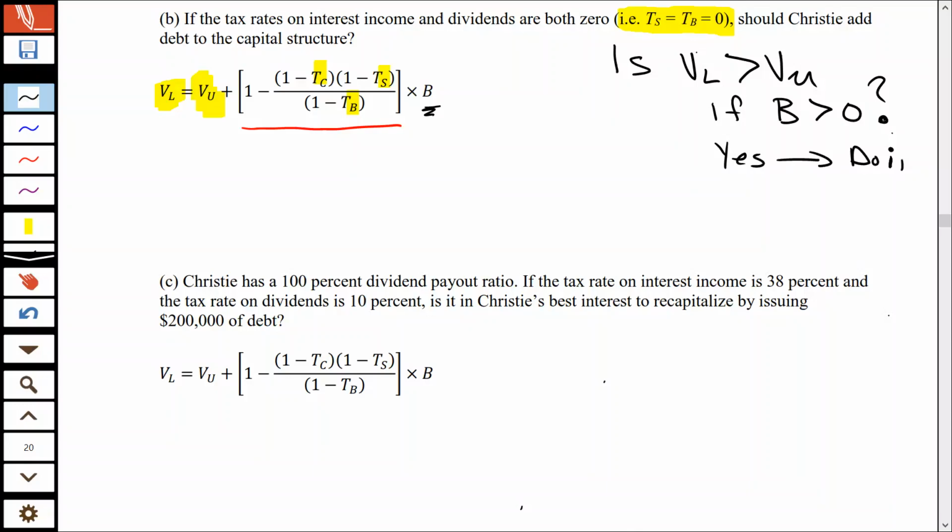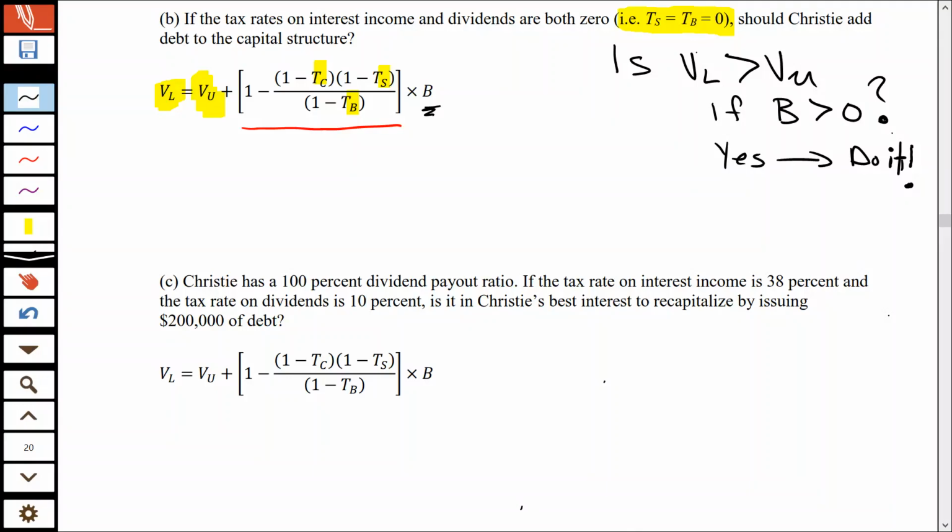It's really just as simple as that. So all we have to do is plug some values into this formula, and we will determine whether the levered firm's value has increased relative to the value of the unlevered firm. If so, then yes, we should add some debt to the capital structure for Christie's Cat Emporium.